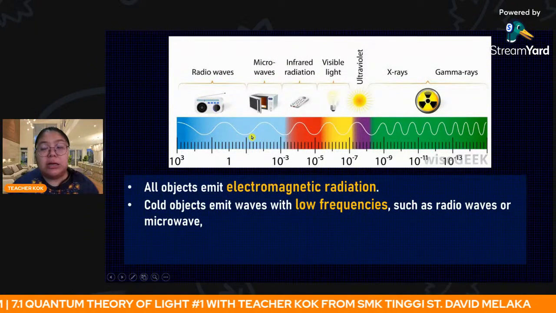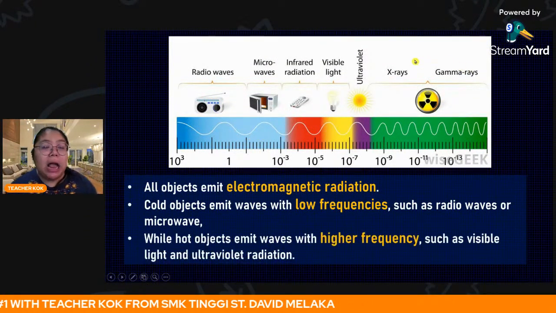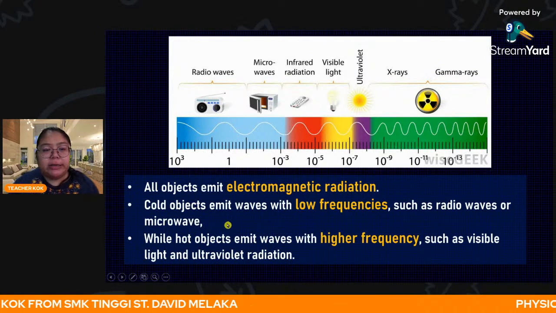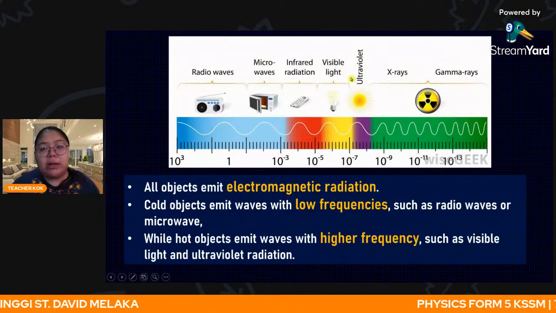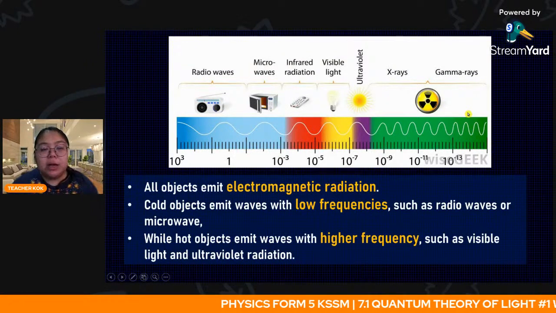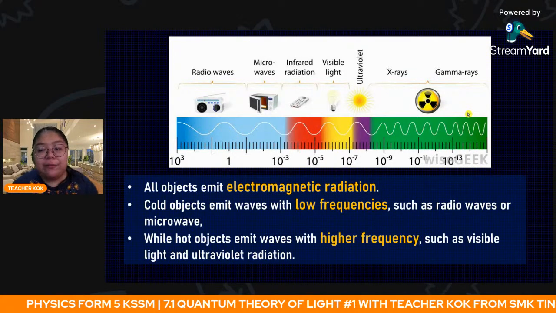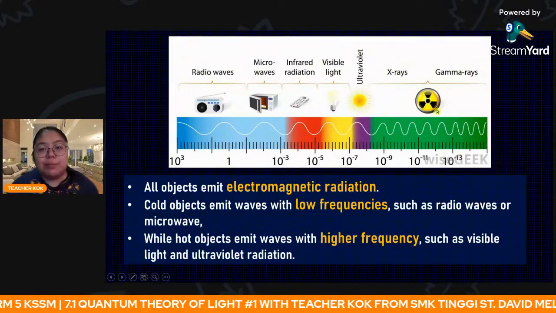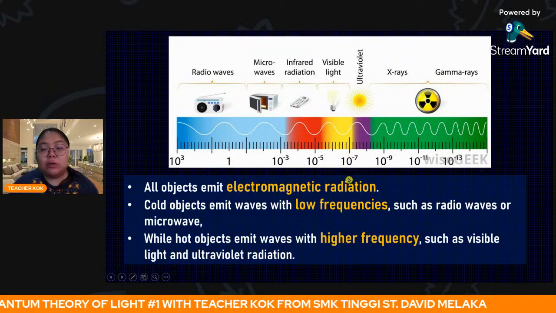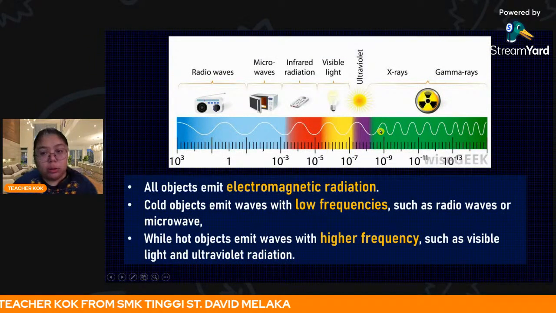Okay, how about the hot object? The hot object must have high frequency. For the hot object here, they say ultraviolet, after that X-ray, and also gamma. This one should be the hot object emitting waves with higher frequency. So for example, they give you visible light and also ultraviolet. These will produce the hot wave.